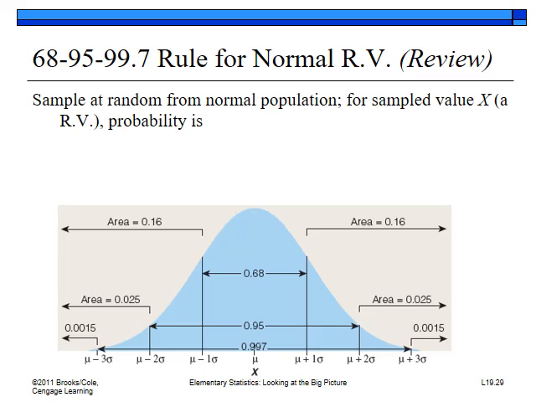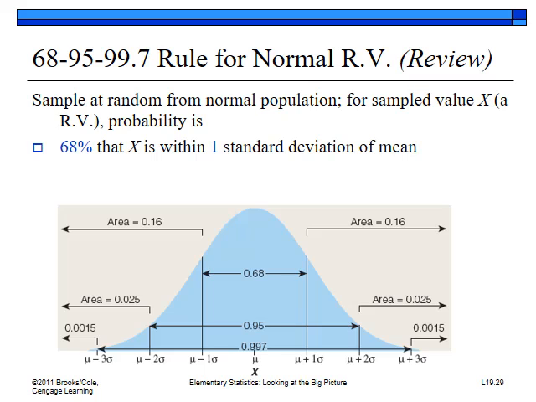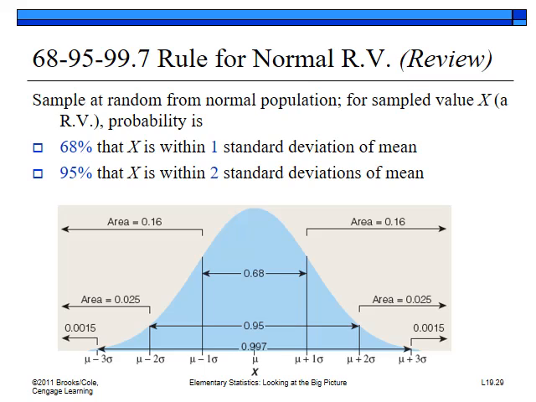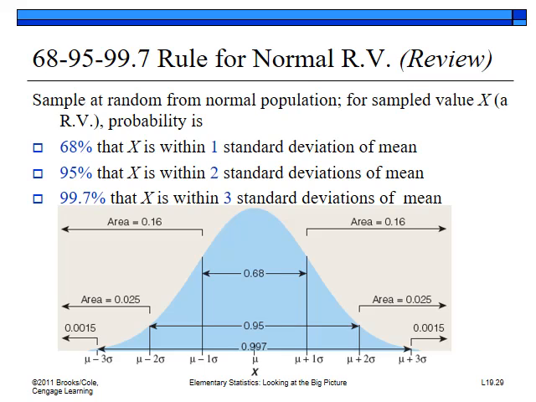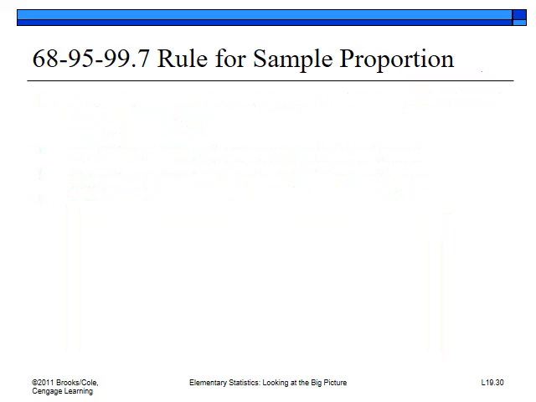Now remember that if a random variable is distributed normally, an actual sampled value, so an actual value of the statistic we're interested in, the probability is 68% that our observation will be within 1 standard deviation of the mean, 95% that it's within 2, 99.7% that it's within 3.